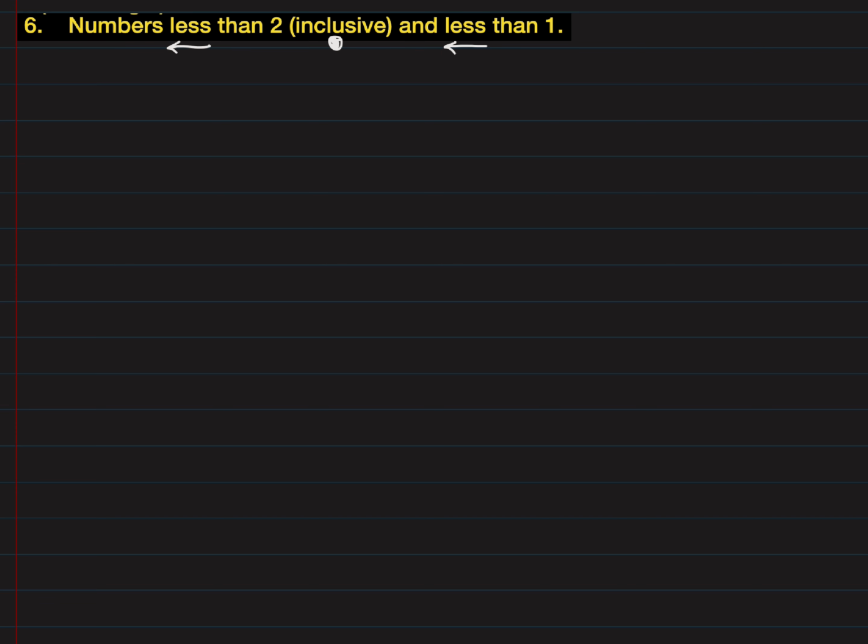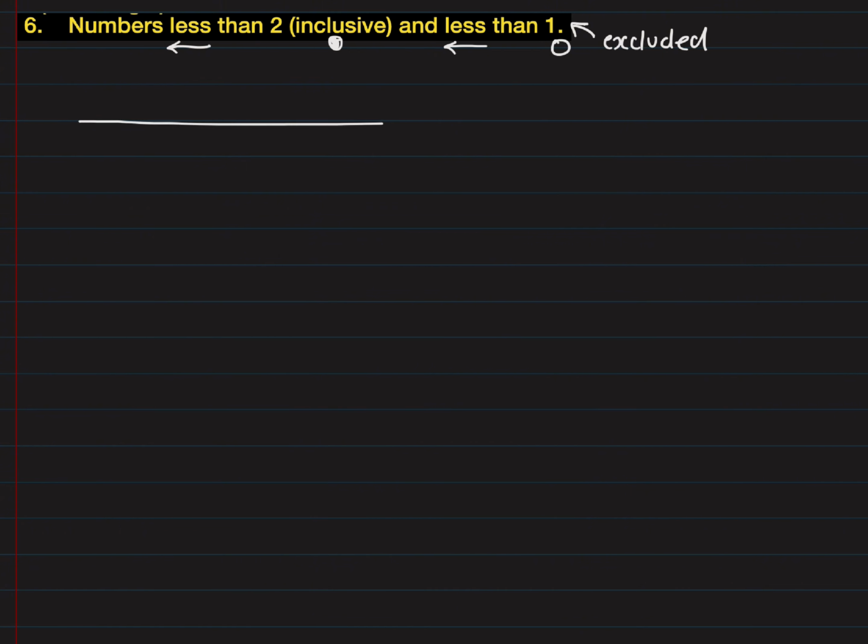A rule of thumb to go with this is that if it doesn't say if a number is included or excluded, we assume that it's excluded. So we can say that 1 is excluded, therefore we have a circle that's not shaded in.